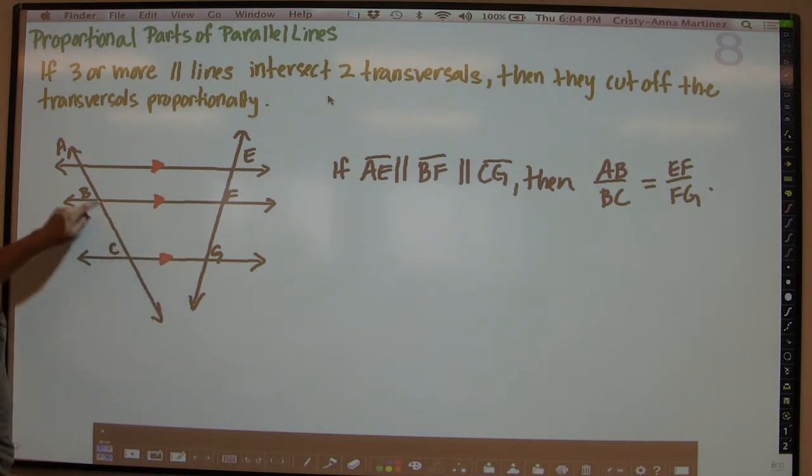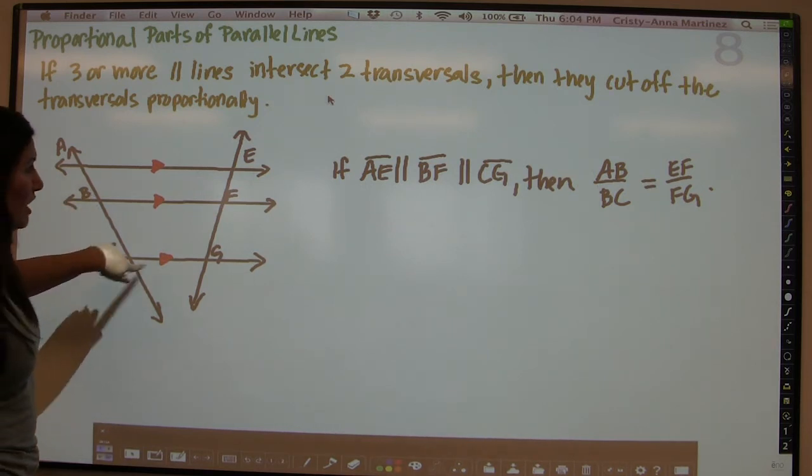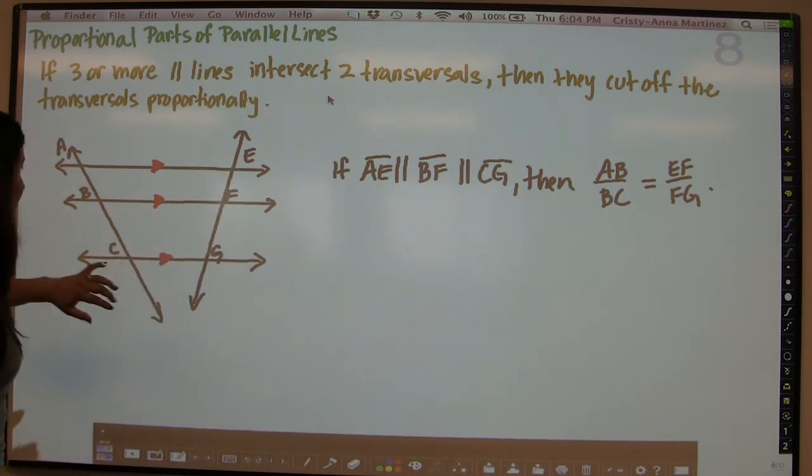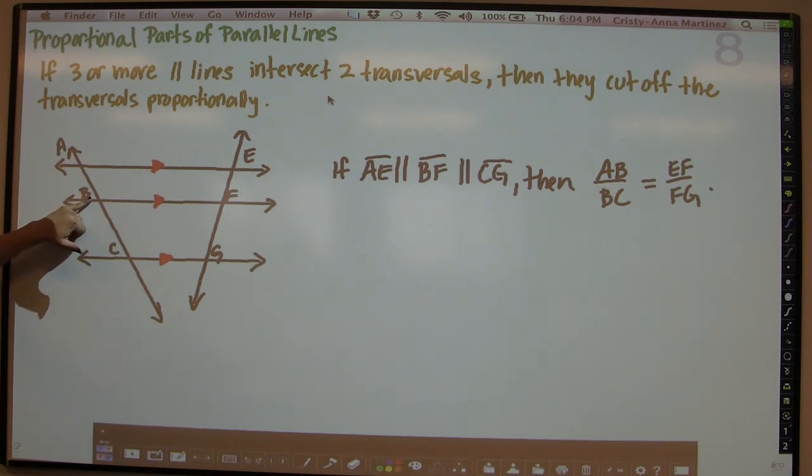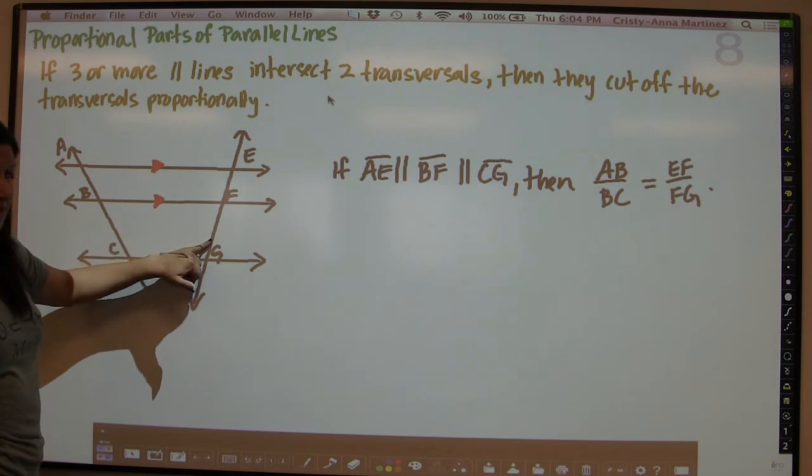So basically we're going to have that the ratio of AB to BC is going to equal the ratio of EF to FG. So we're not saying that AB is equal to BC, we're just saying that there's a ratio, and the ratio of these two segments will be the same.